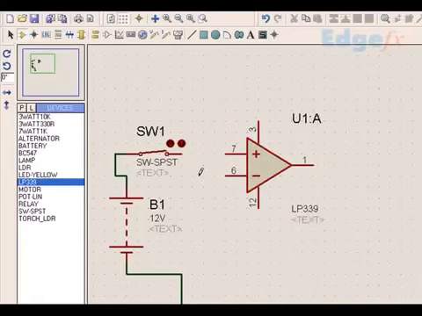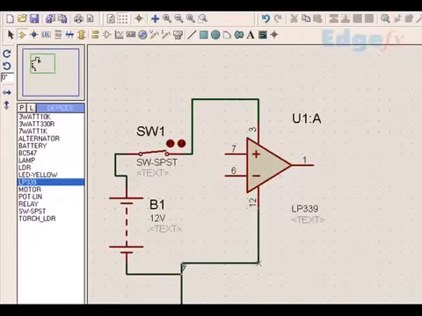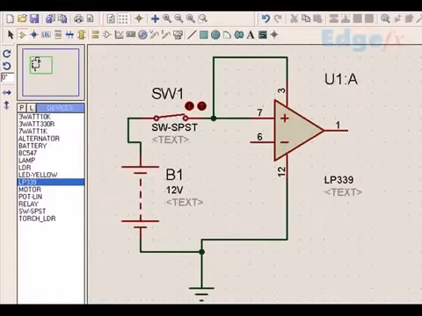As usual, I have to give a supply to the operational amplifier. I give a supply to this like this.